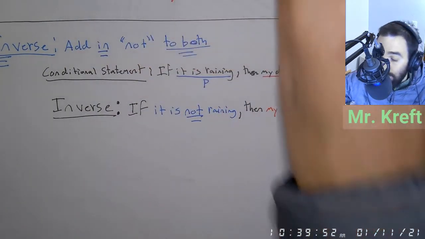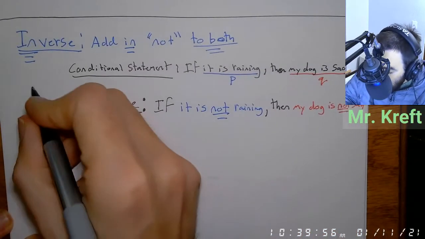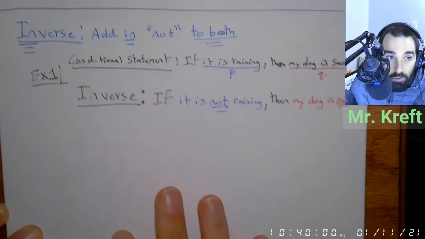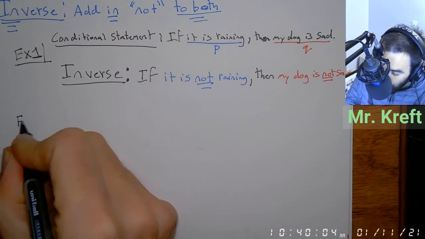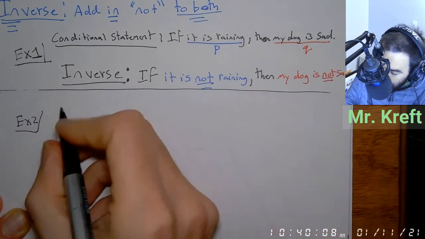Now I'm going to do one more example, because I think it's really important. Call this example 1. There's one other thing that sometimes people make a mistake with. So let's do example 2. I'm going to need a new conditional statement.